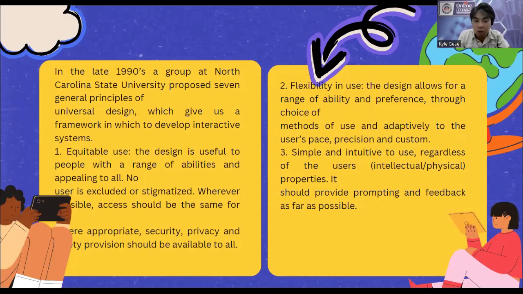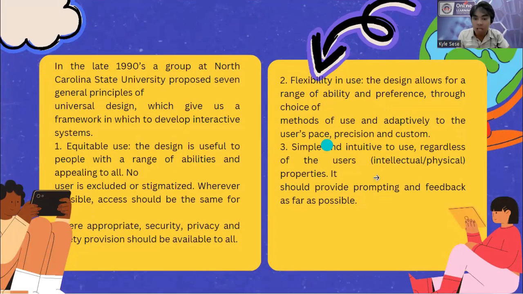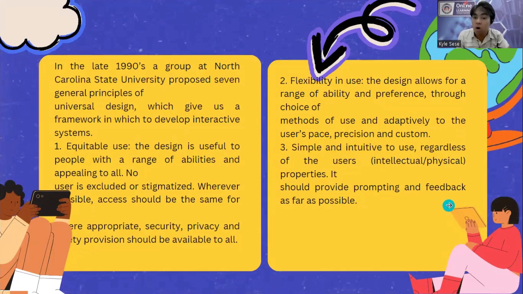For flexibility in use, provide multiple ways for users to interact with the system, such as through keyboard input, mouse input, touch gestures, voice commands, or even assistive technologies. It also allows users to customize settings, adjust preferences, and personalize their experience based on individual requirements.